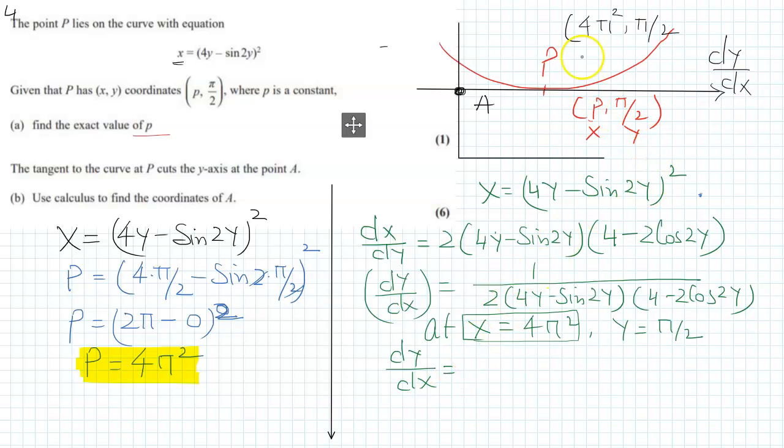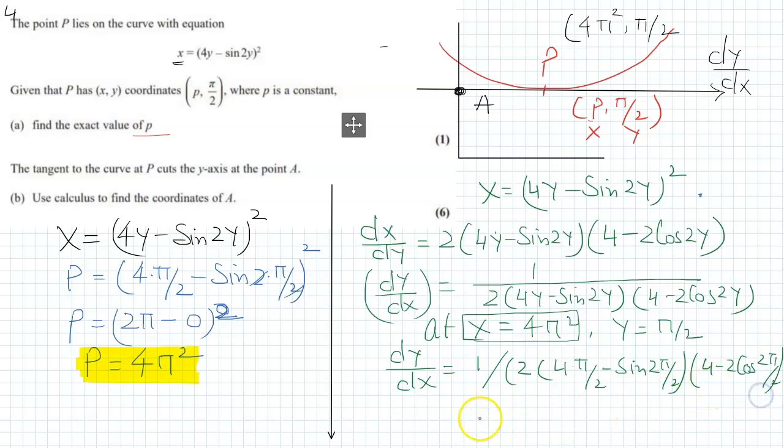So dy/dx is equal to 1 divided by 2(4·π/2 − sin(2·π/2))(4 − 2cos(2·π/2)).